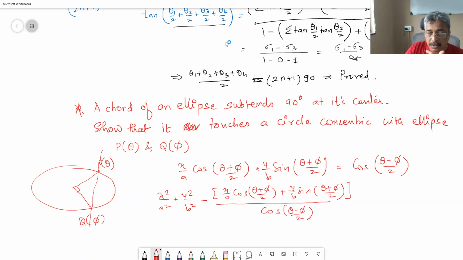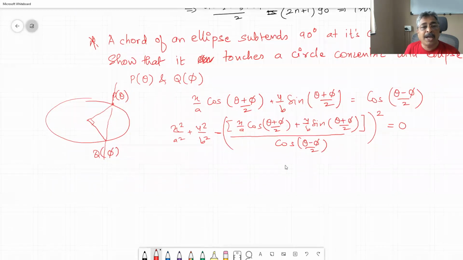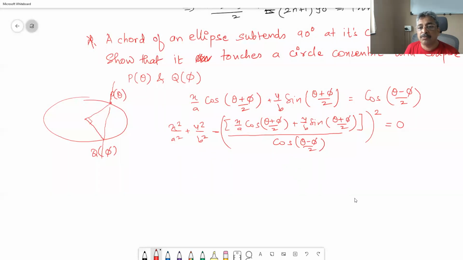This is 1, but we need 1 square, I mean, we need to homogenize. Therefore, we need the power 2 of this entire thing equal to 0. This is the joint equation of the lines passing through the intersection of chord PQ and the origin. And then what is the condition? If they are supposed to be perpendicular, then the coefficients of x square and y square should add to 0.